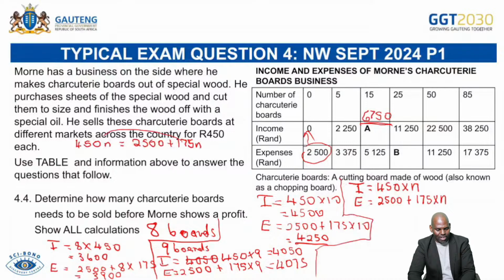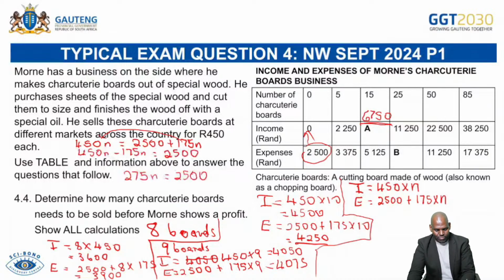Then I take 175n to the other side. I say 450n minus 175n equals 2,500. If I take 450 minus 175, I get 275. So this will give me 275n equals 2,500.